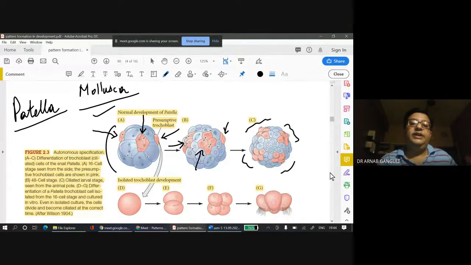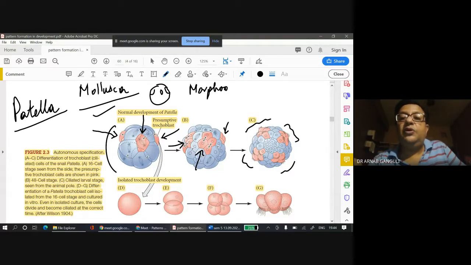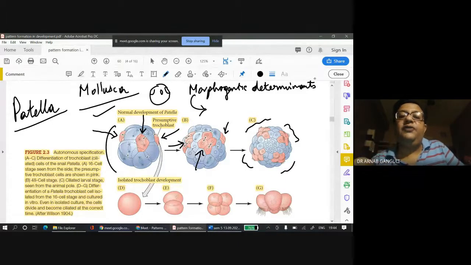Already the cells in this region, which at first was a single cell, had some morphogenetic determinants which told that these cells will form trochoblast.